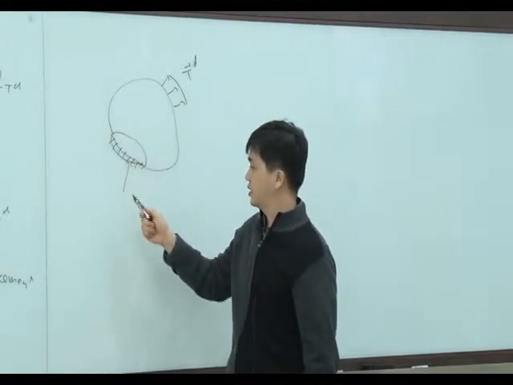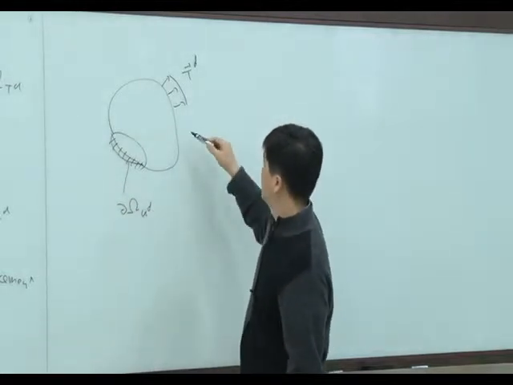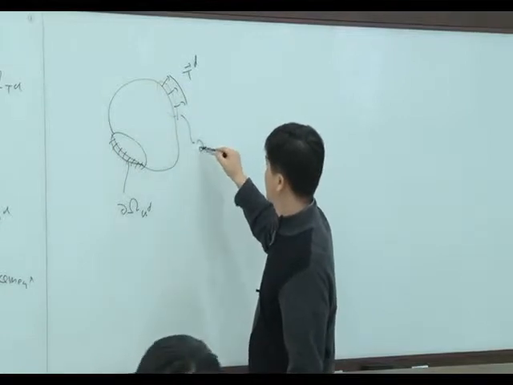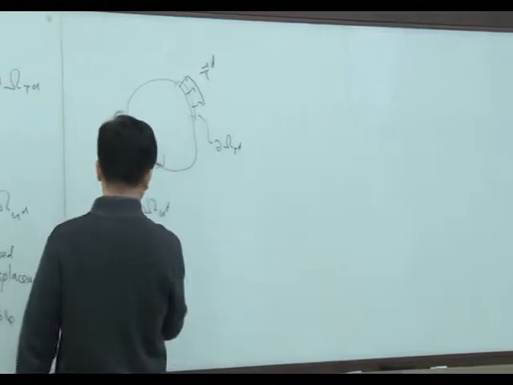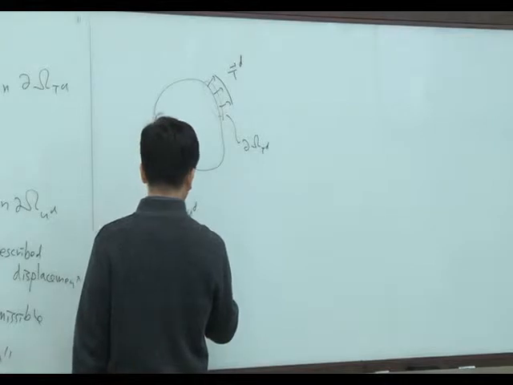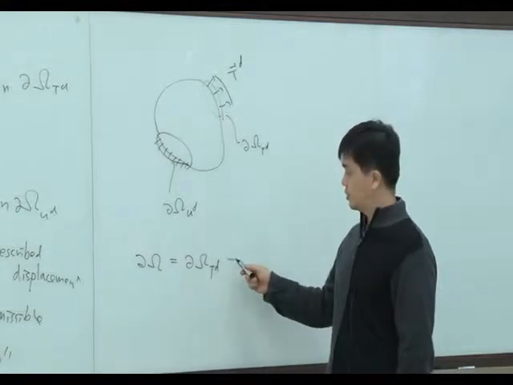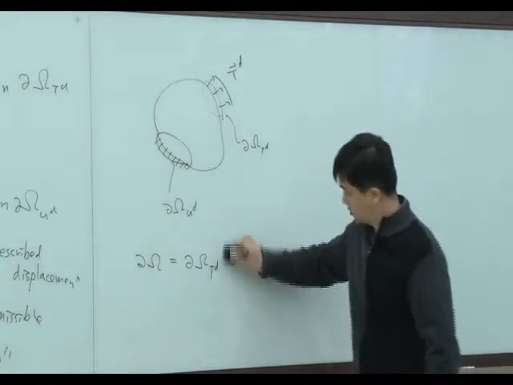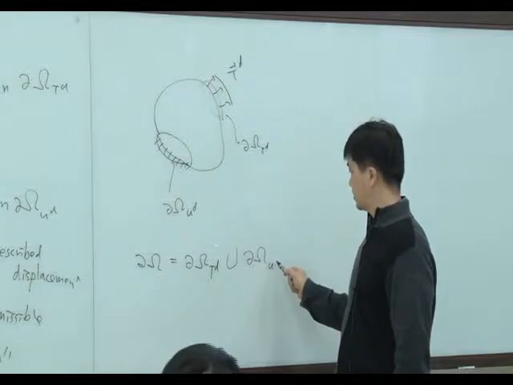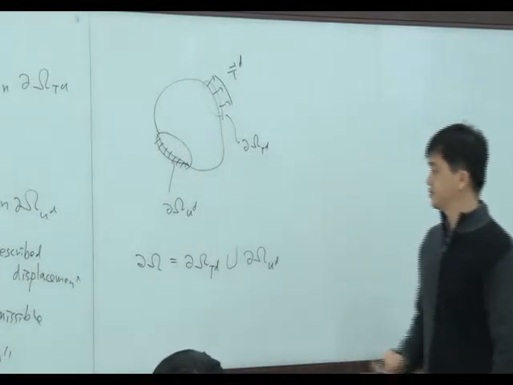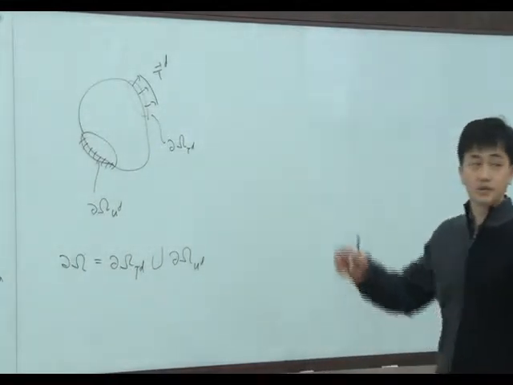So this area is the displacement boundary, and this area is the force boundary, T_D. So the whole boundary equals the force boundary plus the displacement boundary. So we need to have this concept.